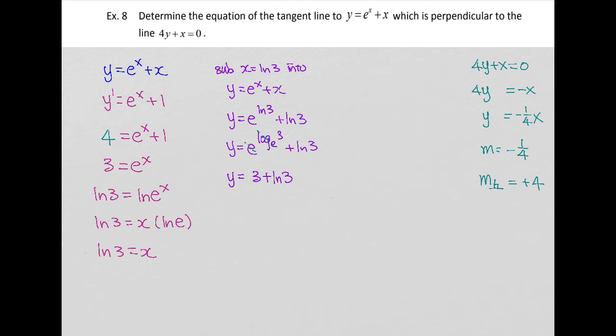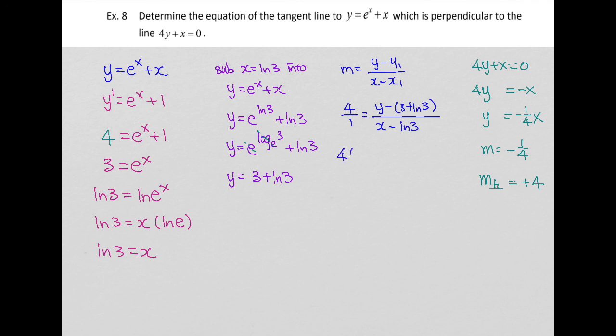Last step, we have to find the equation. So m equals y minus y1 over x minus x1, which is the slope formula. Slope is 4, so I'm going to write down 4 over 1 equals y minus (3 plus ln 3) over x minus ln 3.